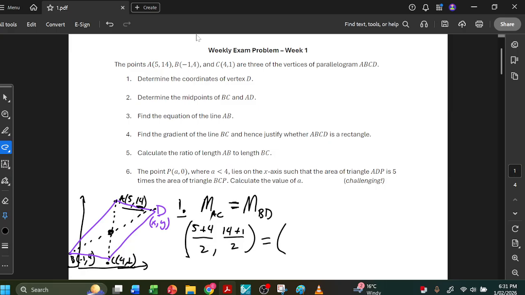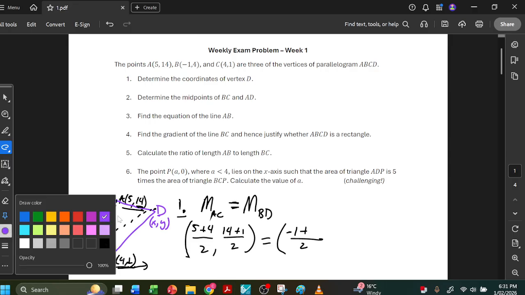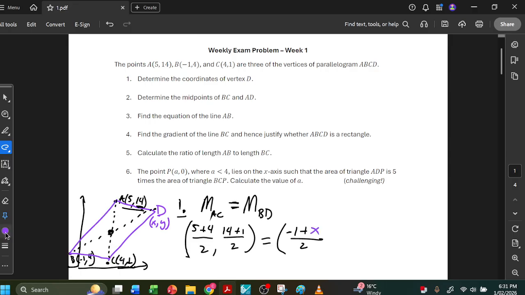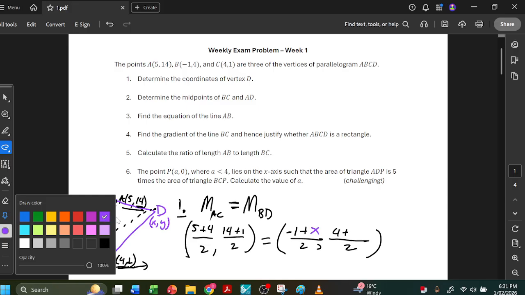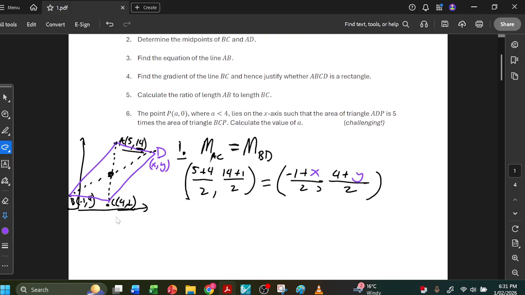Now that needs to be equal to the average of the points of B and D. The x coordinate of B is -1, and the x coordinate of D is x, because we actually don't know what it is. And similarly, the y coordinate of B is 4, and the y coordinate of D is y, and we're trying to find what x and y are.